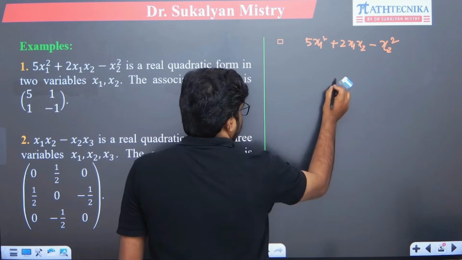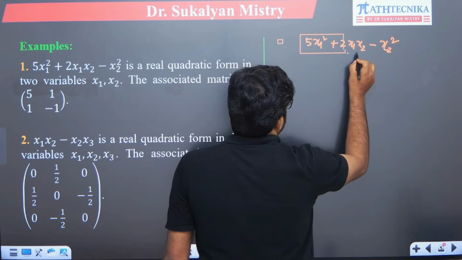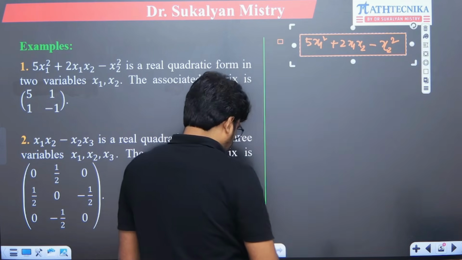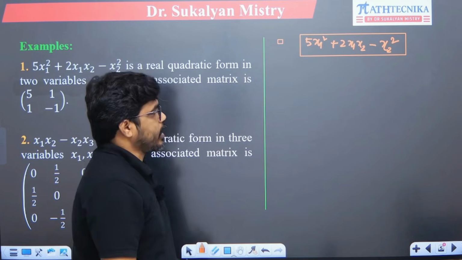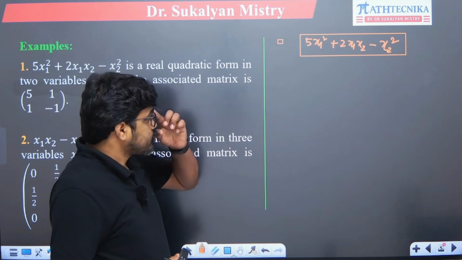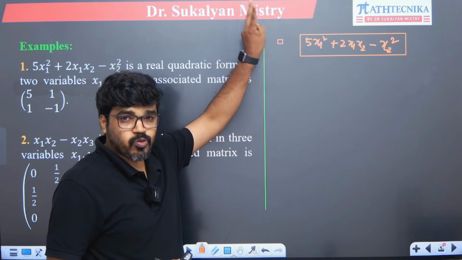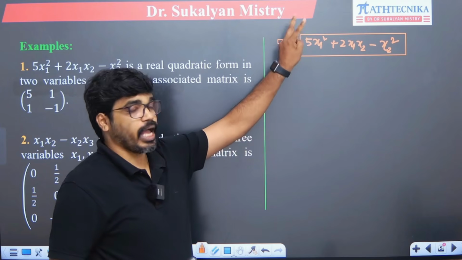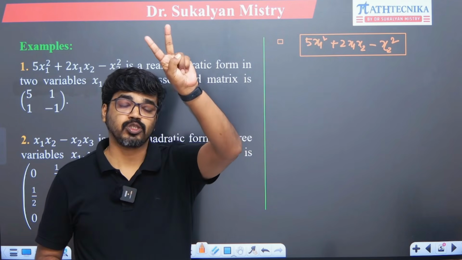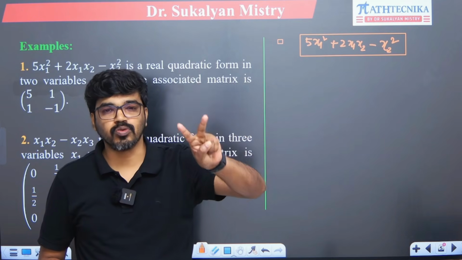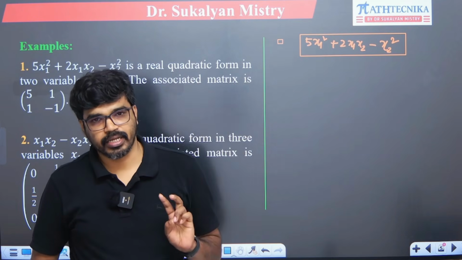See this: 5x1 square plus 2x1 x2 minus x2 square. So this is a quadratic form in 2 variables, x1 and x2. So we have 2 variables, so we get a 2 cross 2 real symmetric matrix.